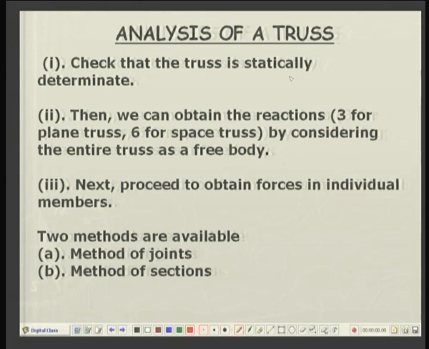It means if there are 3 unknown reactions from the supporting structures, foundations, or supporting pillar, then the truss is statically determinate. After having ensured that, we go ahead and obtain the 3 reactions for the case of plane truss and 6 reactions for the case of space truss or 3-dimensional truss.